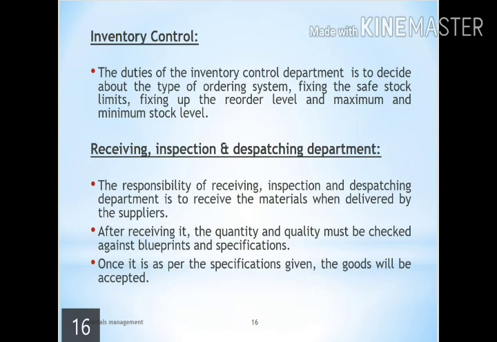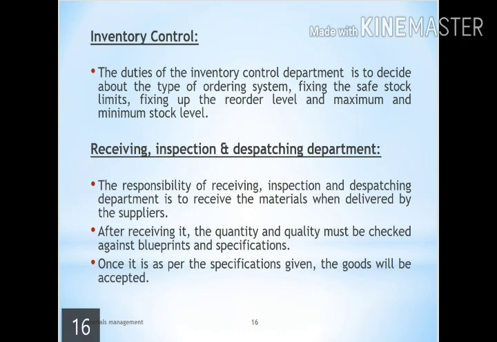Next function is the receiving, inspection and dispatching department. The responsibility of this department is to receive the materials when delivered by the suppliers. After receiving them, the quantity and quality must be checked against the blueprints and specifications already put forward.